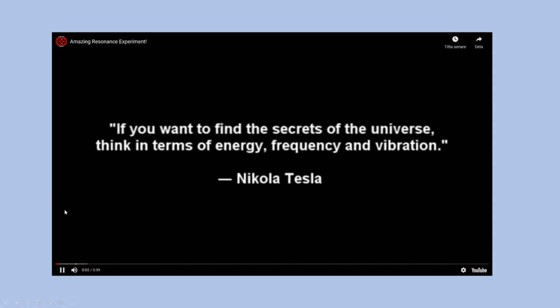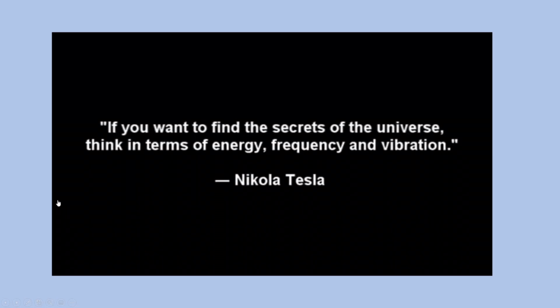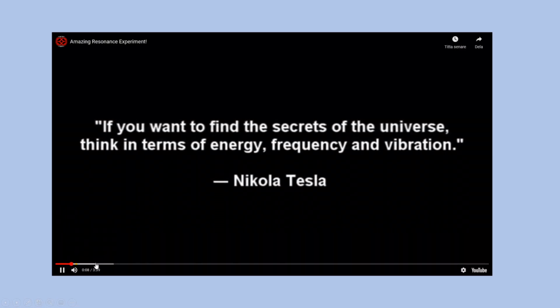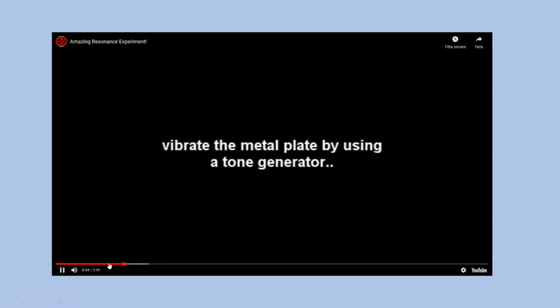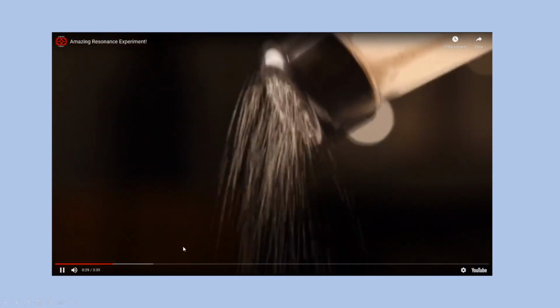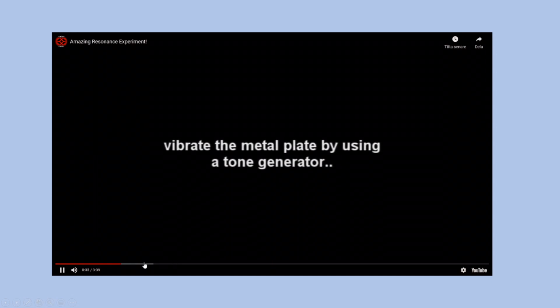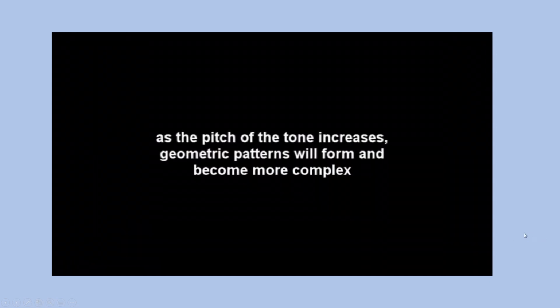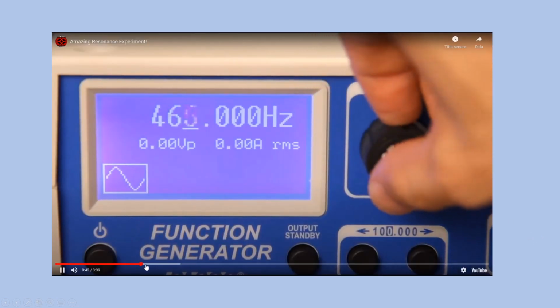I think this quote is very cool. And well, I think this shows a little bit about the magic, right, of vibration. So what he does is, sorry, I'm going to jump around in all the clips that I show you. What he does is he puts some salt or something on a metal plate and makes it vibrate, right, at different hertz. So let's jump.